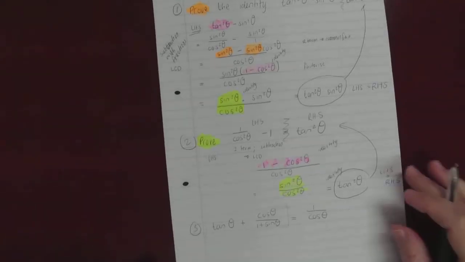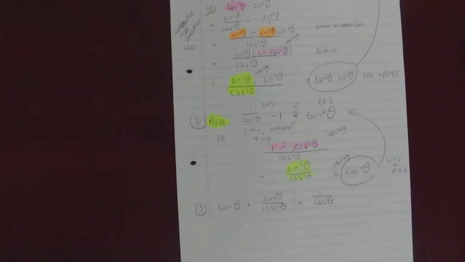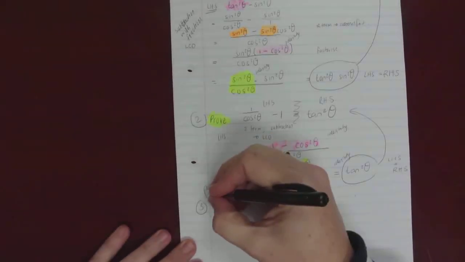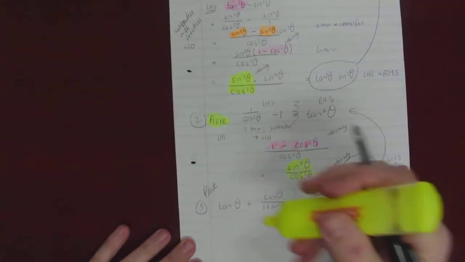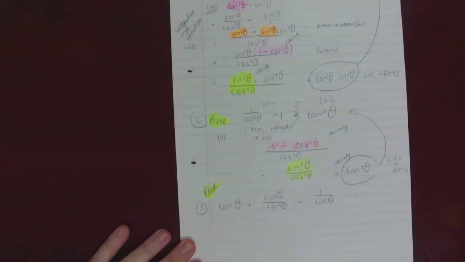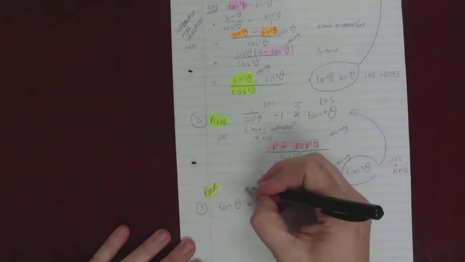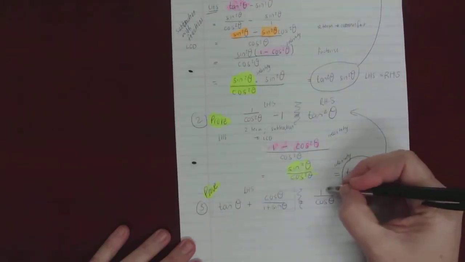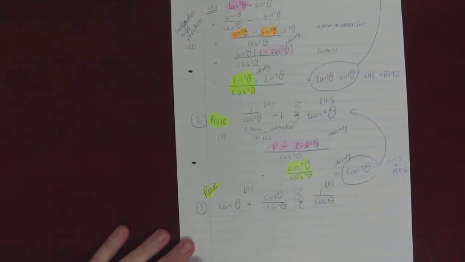Right, so if I have tan theta plus cos theta over 1 plus sine theta equals 1 over cos theta, and my instruction is to prove, which it is, by the way, what am I going to do? I am going to separate it into a left-hand side and a right-hand side. Okay.